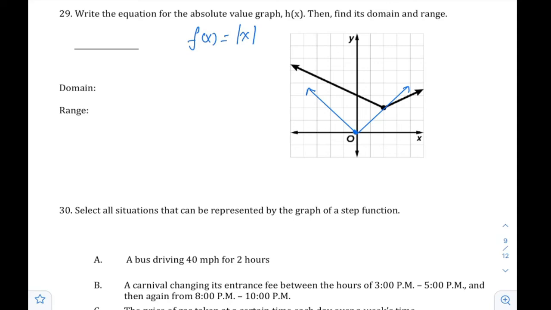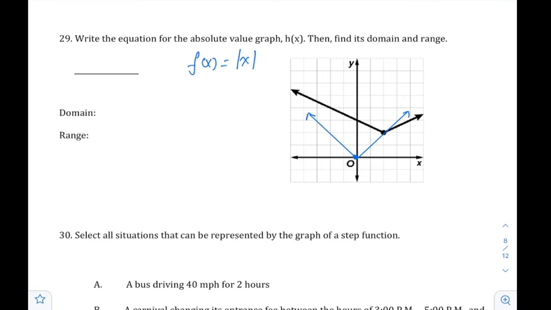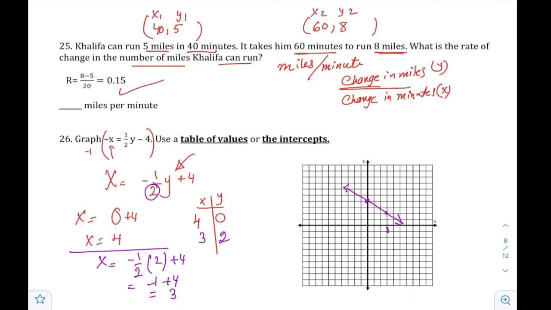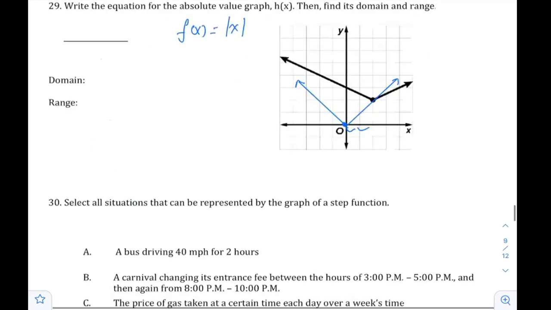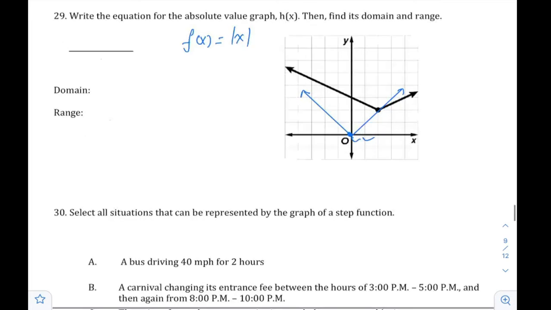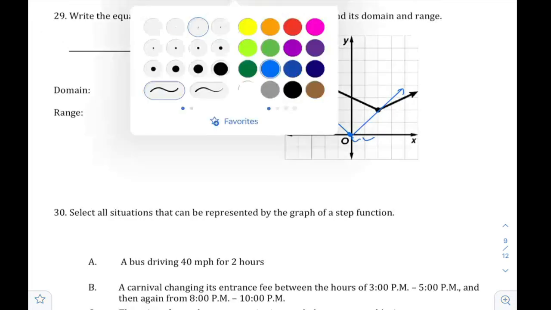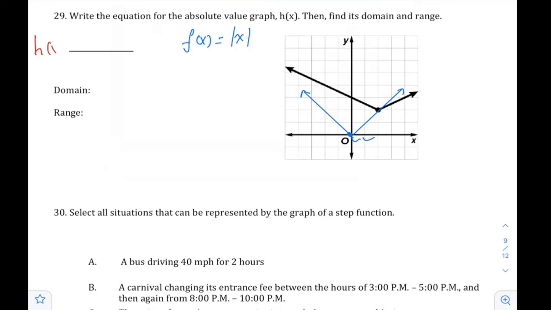So let's see here what happened. We can see that this function has been moved 2 units to the right. So when you write the function here, h of x, I write it in red, I have to use the absolute value here, and I will write x.